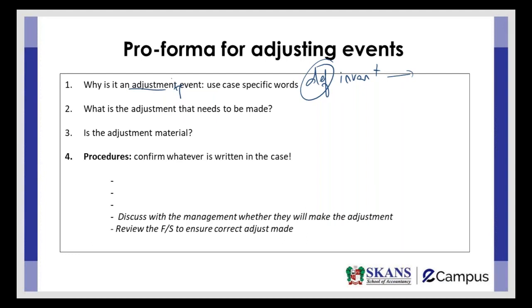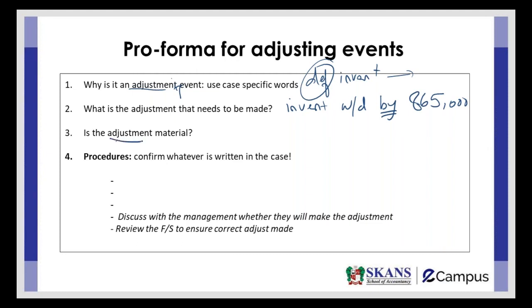What is the adjustment that needs to be made? Inventory needs to be written down by 865,000. Yes, thank you. Guys, why are you doing this? Why do I feel as if you're studying accounting and auditing for the first time? So adjustment has to be done by 865,000.